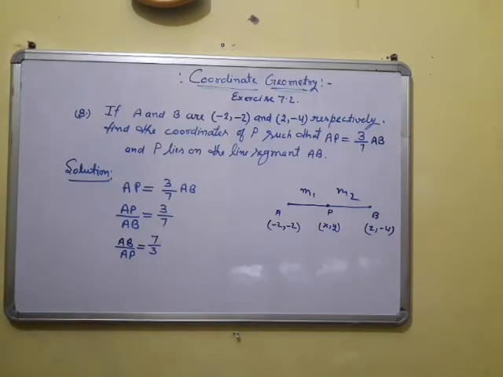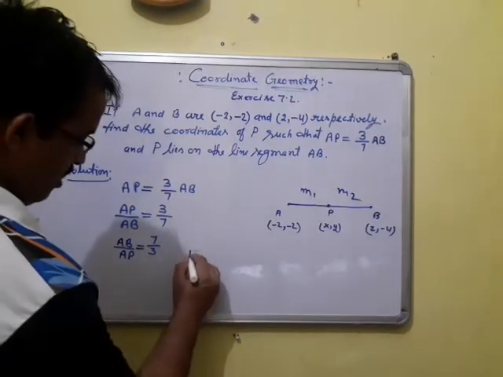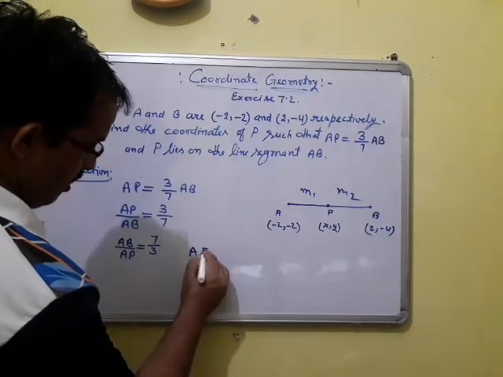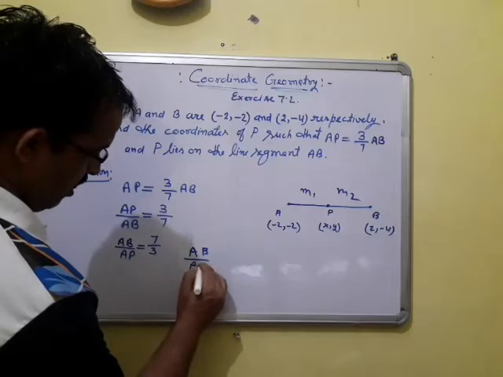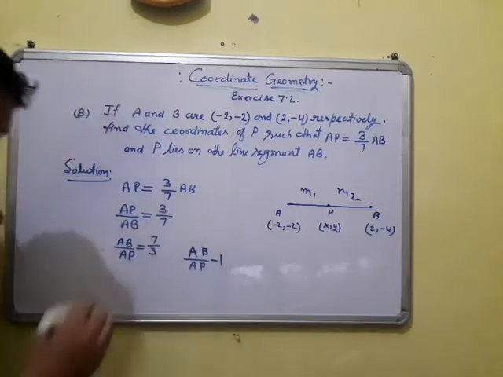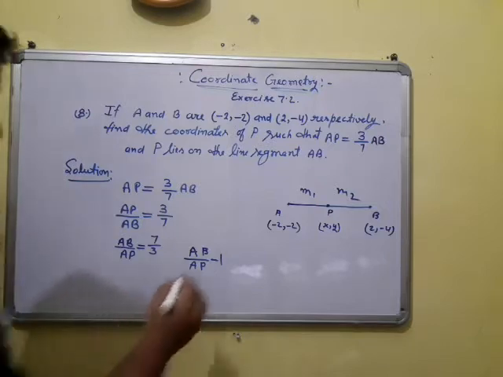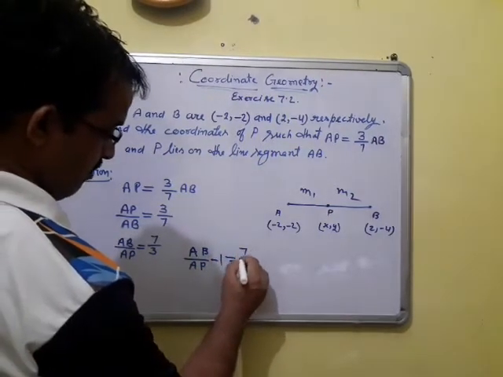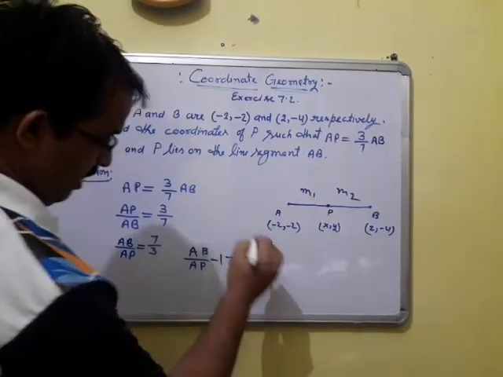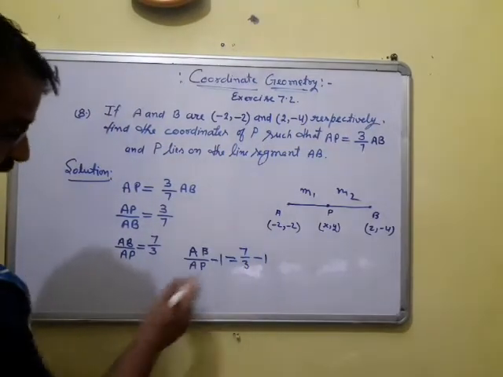Now look here. AB minus AP. AB upon AP minus 1, clear, is equal to 7/3 minus 1. If we subtract, what do we get here?